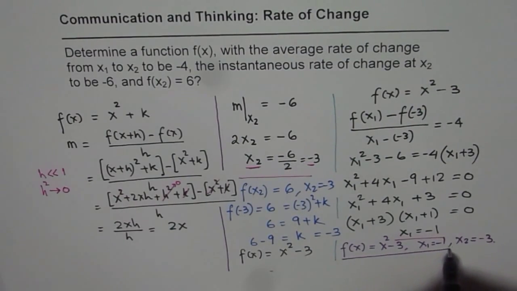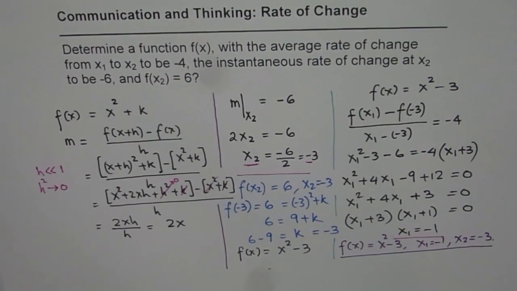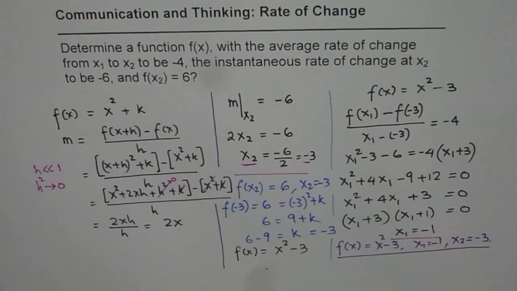This function with these two points satisfies all the conditions given in the question. I hope you understand and appreciate the steps we went through in solving such a question. Go through it once again, try to understand. This is indeed a very interesting question and sometimes a bonus question in a test. I hope you appreciate it. Thank you and all the best.